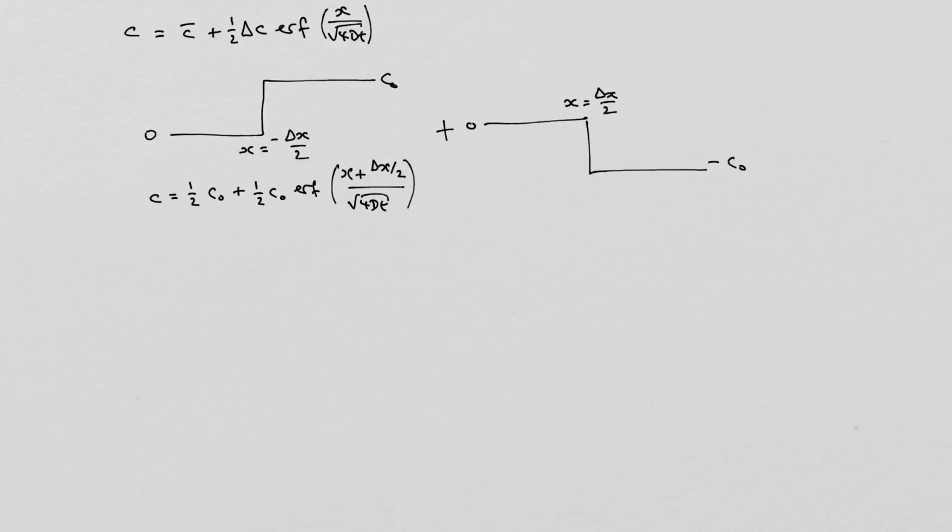So now I need to translate my solution to the right by delta x over 2 and turn it upside down. So it's going to be that. If I add those two concentration profiles together, I get this.